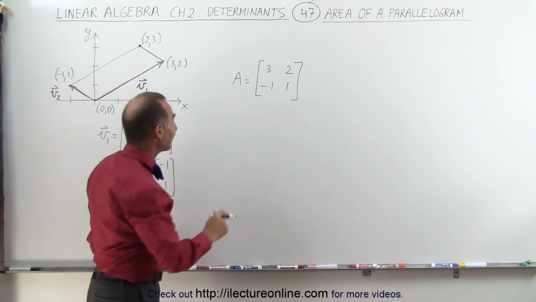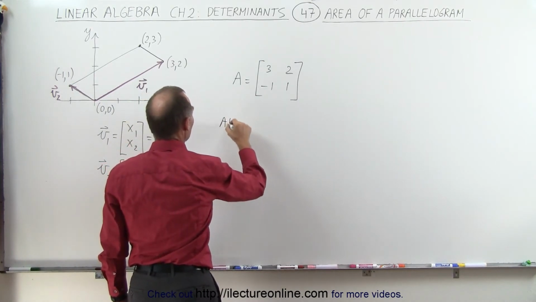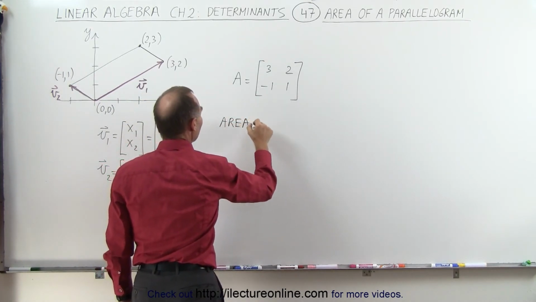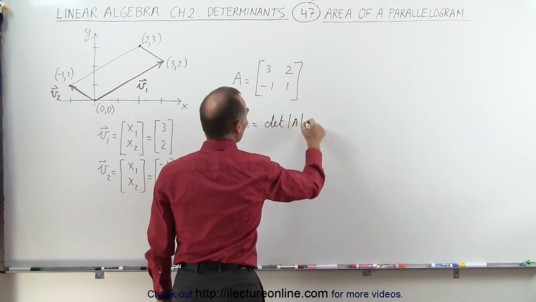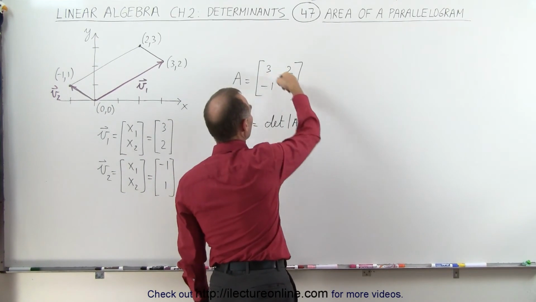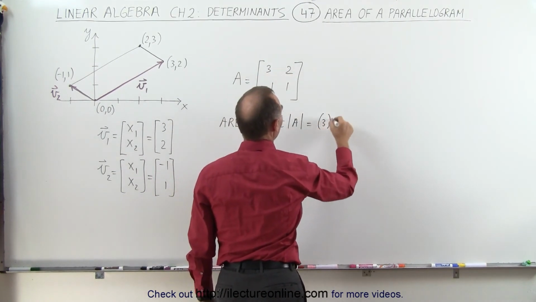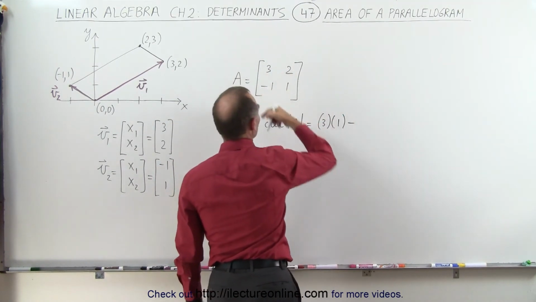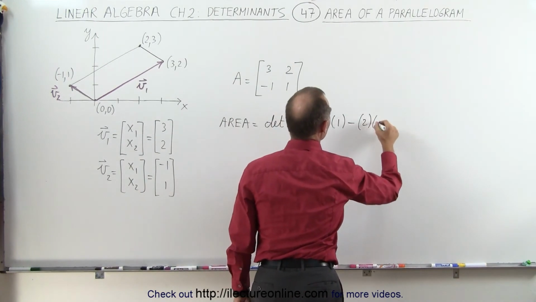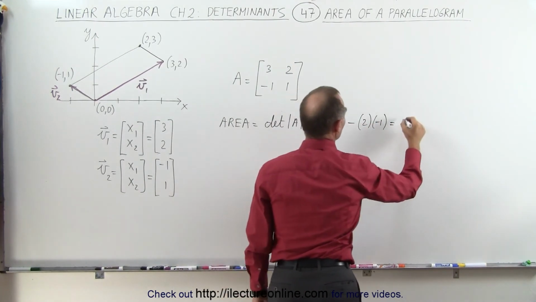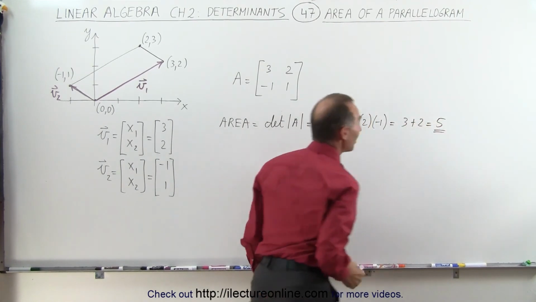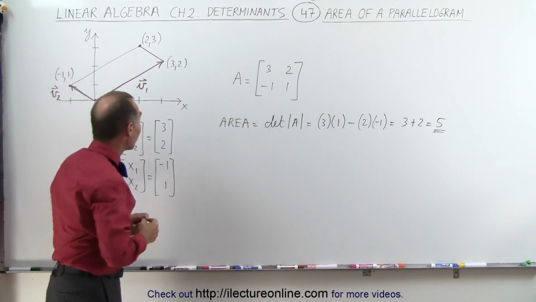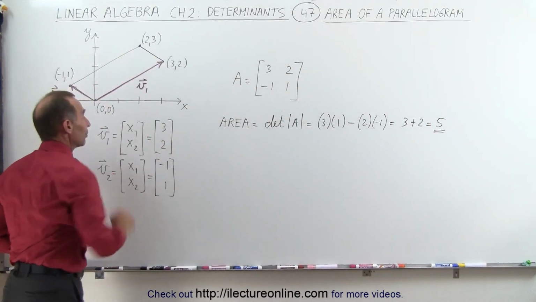It now turns out that the area of the parallelogram can be defined as the determinant of A, which is equal to the product of those 2 elements, 3 times 1, minus the product of those 2 elements, 2 and -1, which is equal to 3 plus 2, or 5. That means in this particular case, the area of this parallelogram is equal to 5.